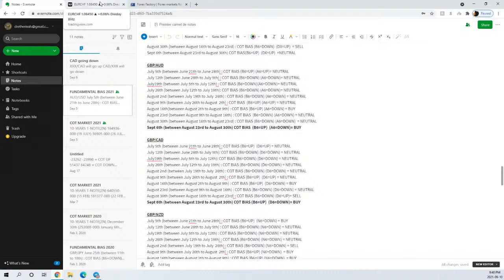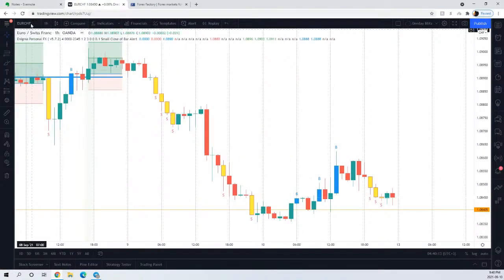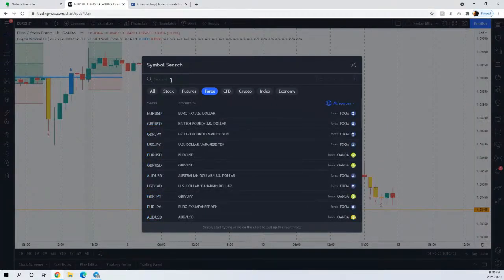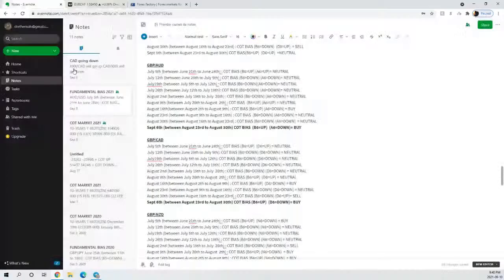Like I said, the CAD pairs was a strong sell overall for the week. So anything against the CAD, if the CAD is the N currency, when I say N currency, it's like this.